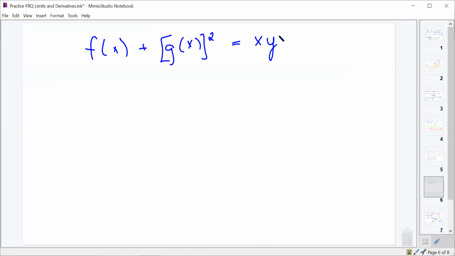Yes. All right. So in order to find dy/dx, this is an implicitly defined equation. So we're going to want to use implicit differentiation and differentiate each side with respect to x. So what's the derivative of f of x with respect to x?